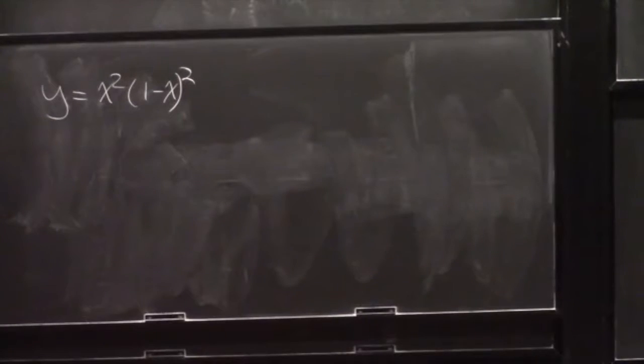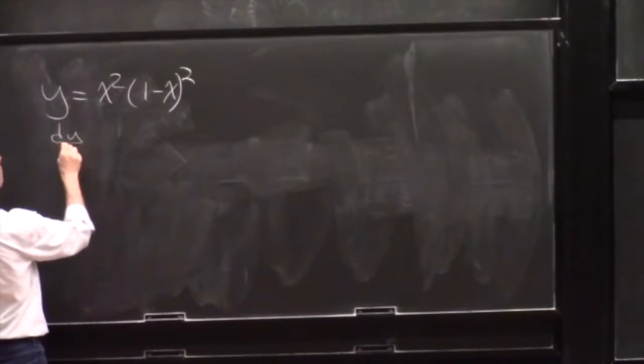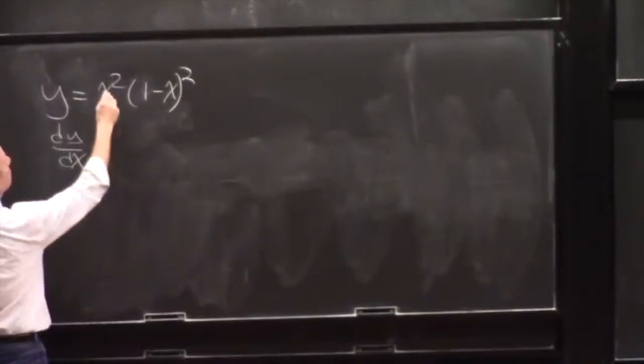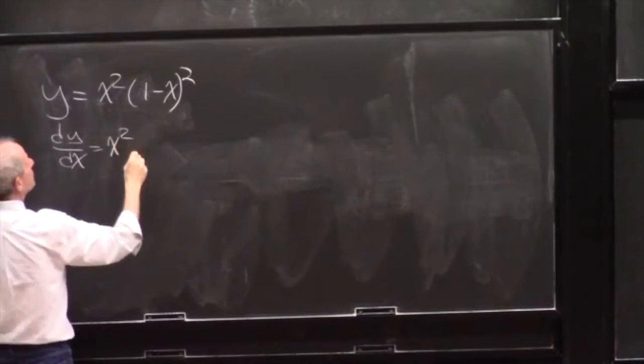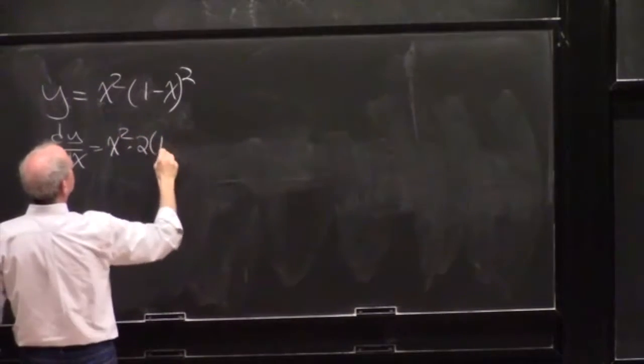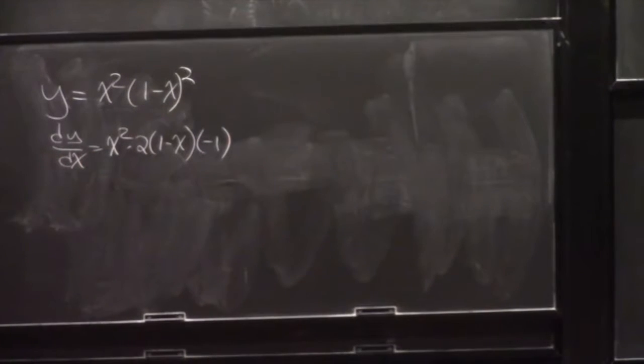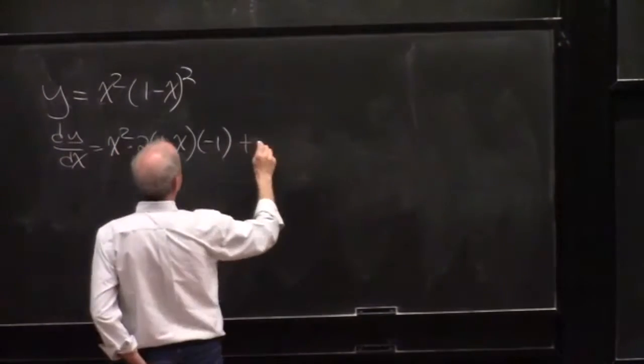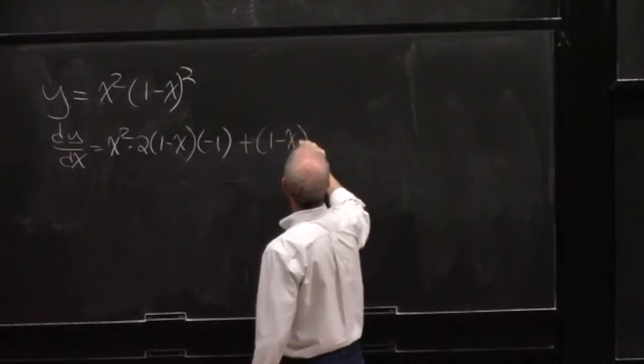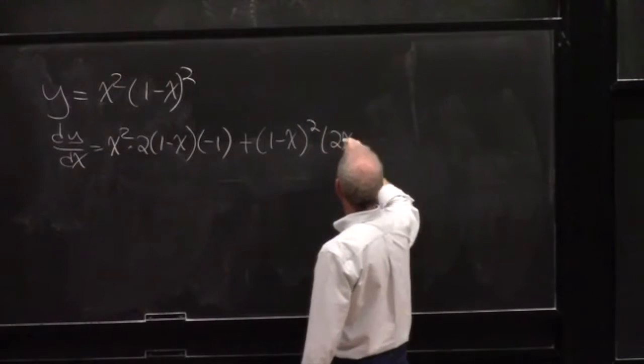So let's just take the derivative. So we have the left function times the derivative of the right. Remember chain rule. Plus the right function times derivative of the left.